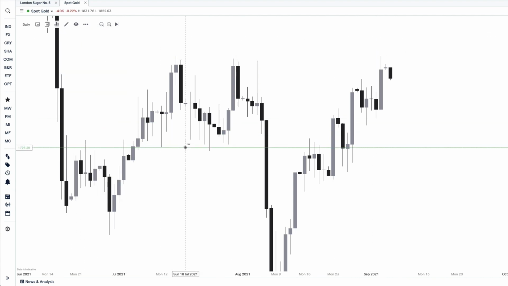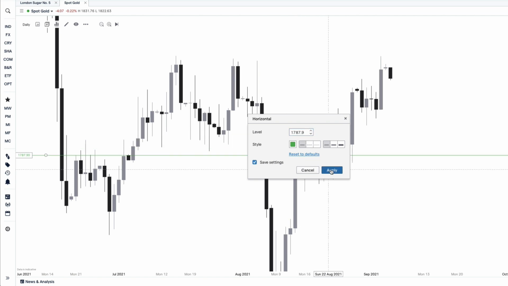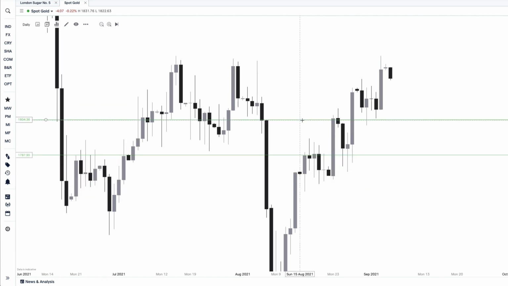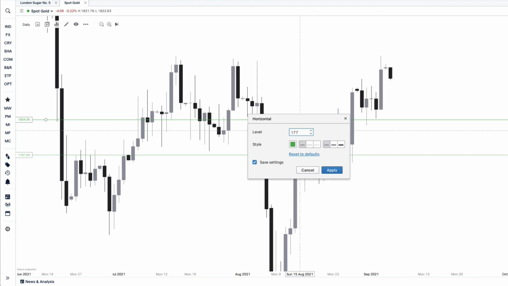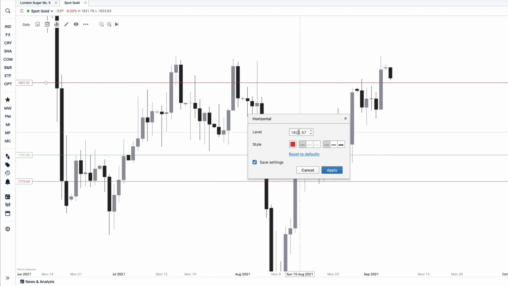So just to recap this, let's get the entry on. That was, what was it? It was 1787.9. Stop loss was 1775.6. And the target in this case was 1829.5, wasn't it?